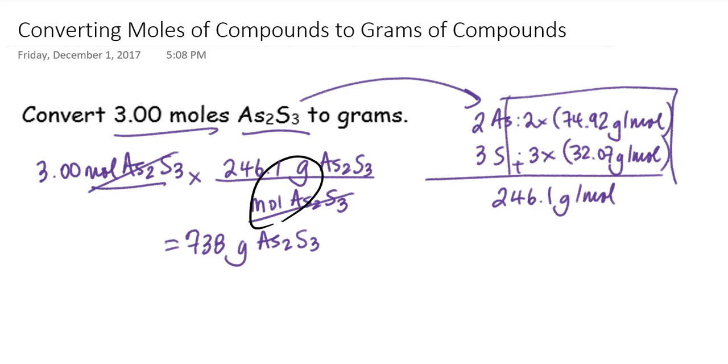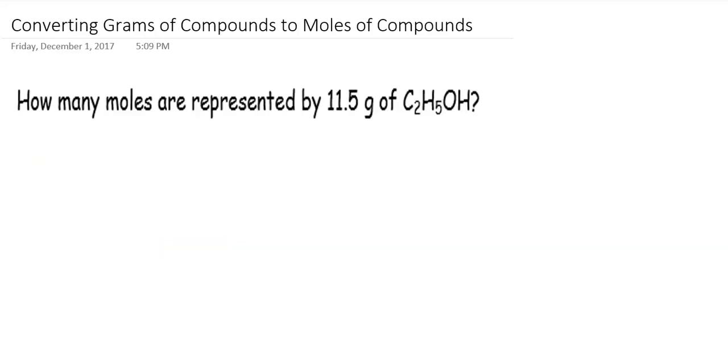Okay, now let's work on the reverse type of problem. Instead of going from moles to grams, I'm going to do one where I'm going from grams to moles. In this case, they're asking me to find the number of moles that corresponds to 11.5 grams of, and this compound's actually known as ethanol. I will start off by writing out my given information.